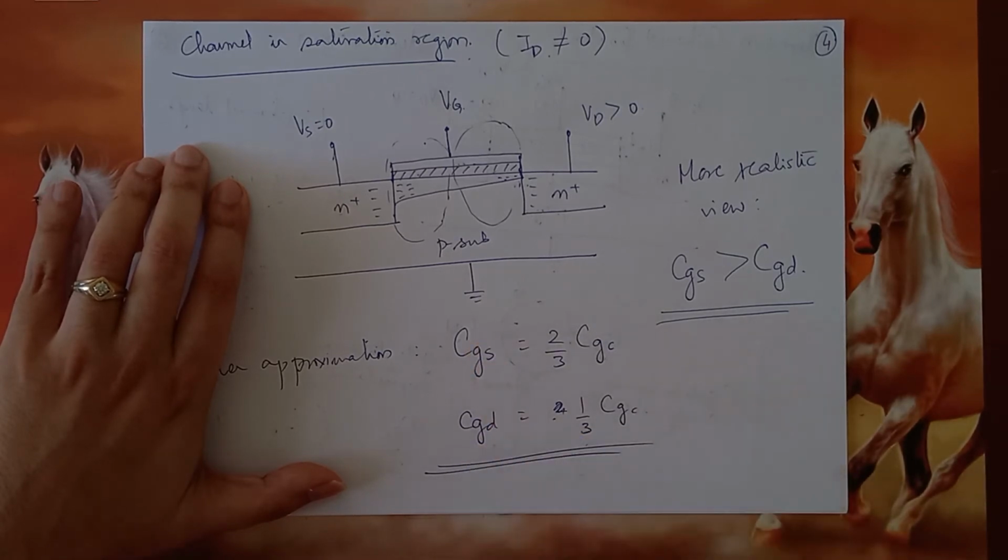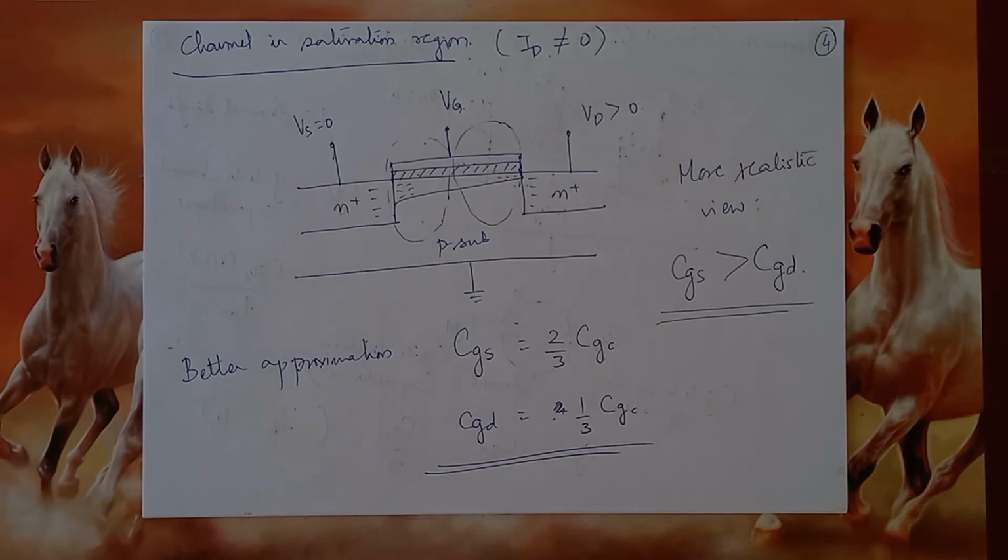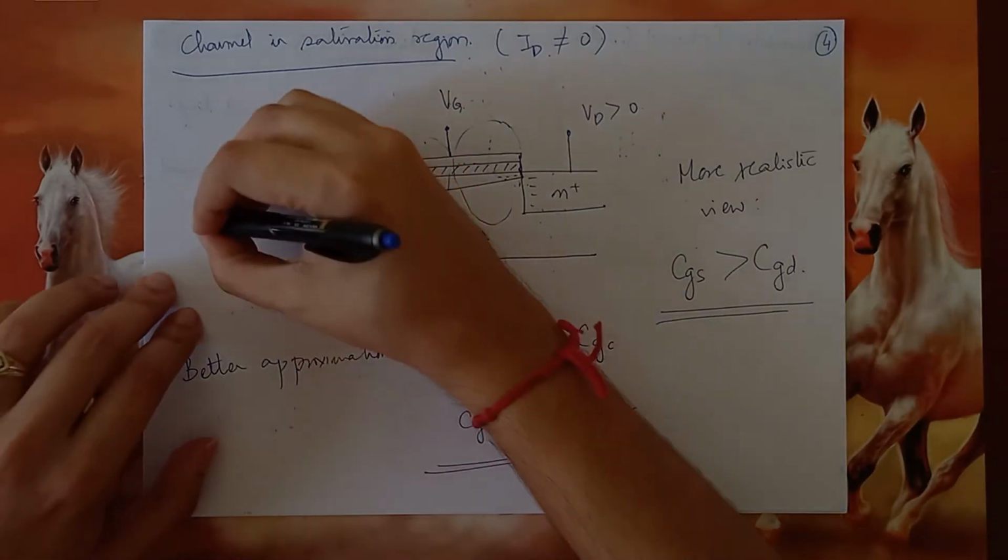That makes CGS equal to twice of CGD. And this is a pretty accurate and good approximation which works out for most of the cases. So CGS is now more than CGD because of asymmetric channel.